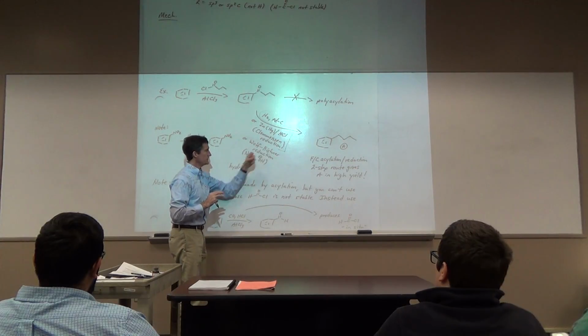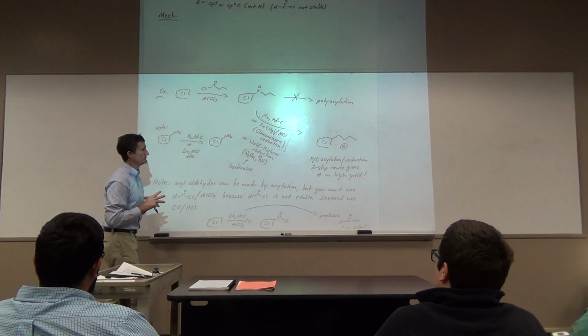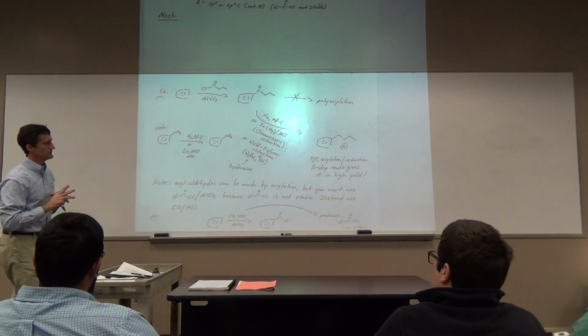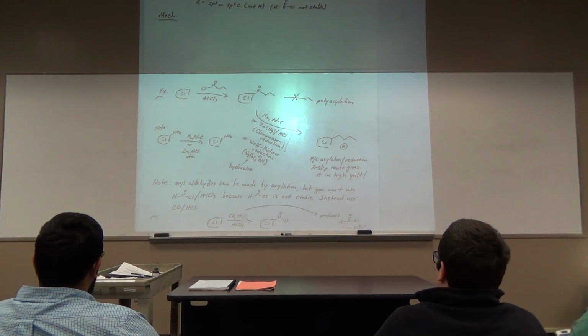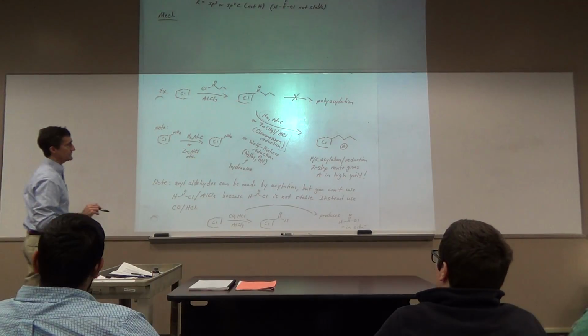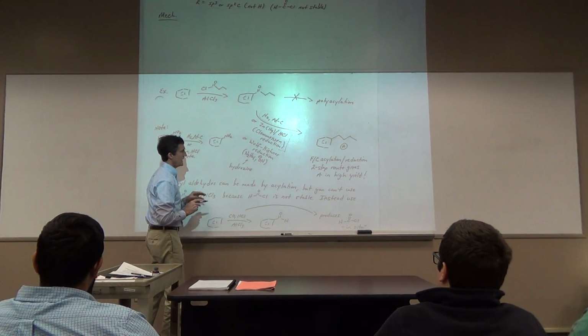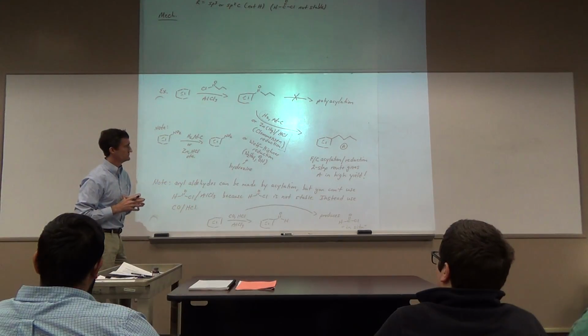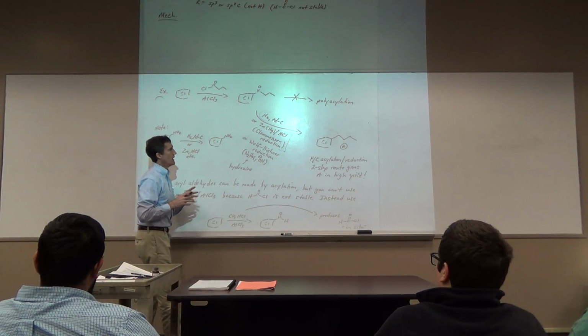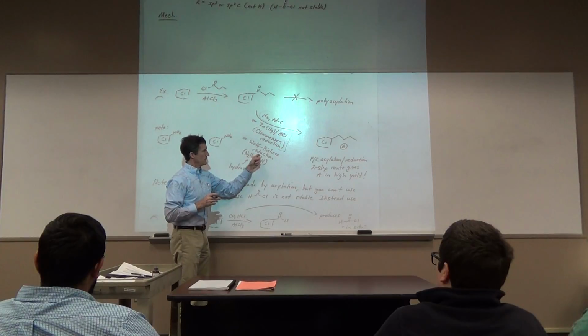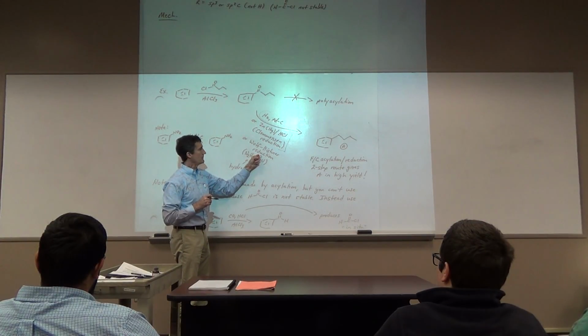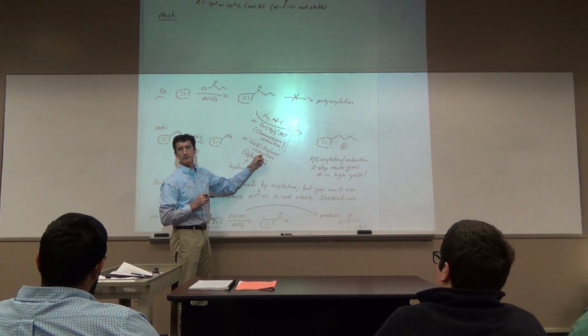Third way, Wolff-Kishner reduction. This has two chemist names. I think Wolff should be two F's. I have to check on that. Wolff-Kishner uses hydrazine and hydroxide, and probably heat. We will not look at a mechanism for this today. We will look at this mechanism during test 4 chemistry.